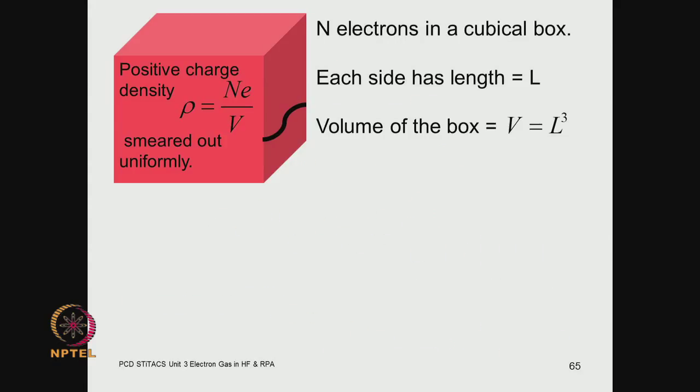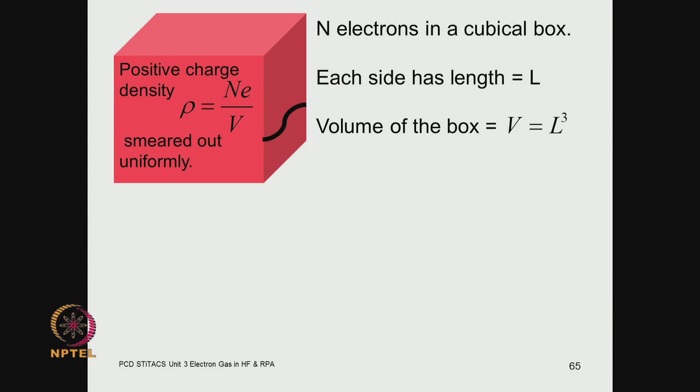Now this is the model that we have. You got a positive charge. The entire positive charge at all the lattice sites is smeared over the entire region of this metal, and the charge density is uniform. It is the number of electrons times the electron charge divided by the total volume.